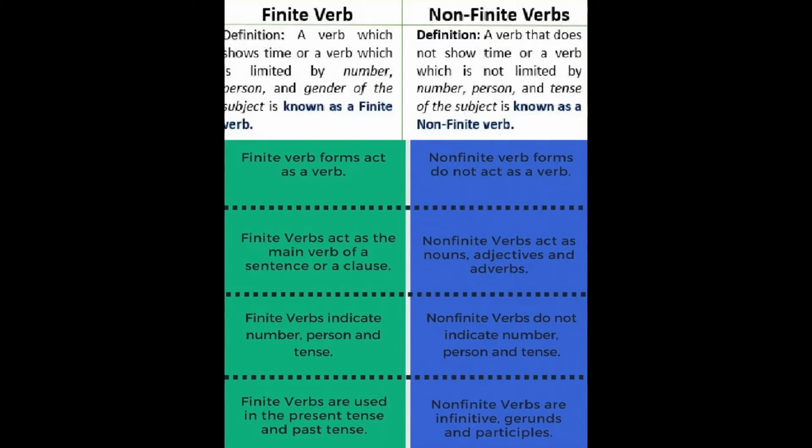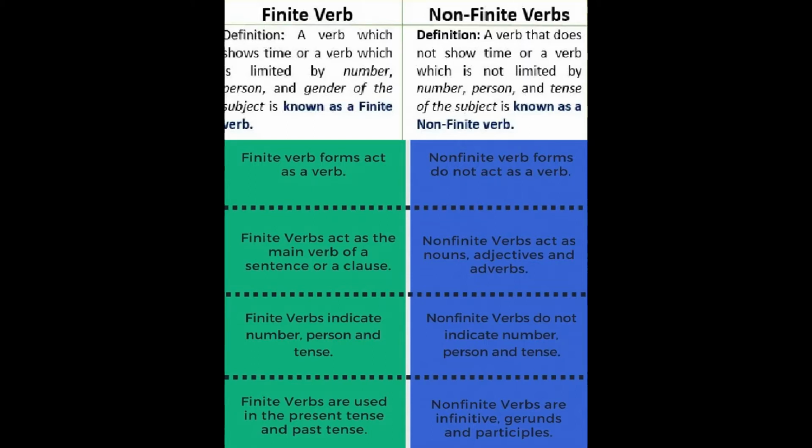On the contrary, non-finite verb is not influenced by time or limited by singular or plural person or even by the tense of the subject or gender of the subject, whatever it may be.